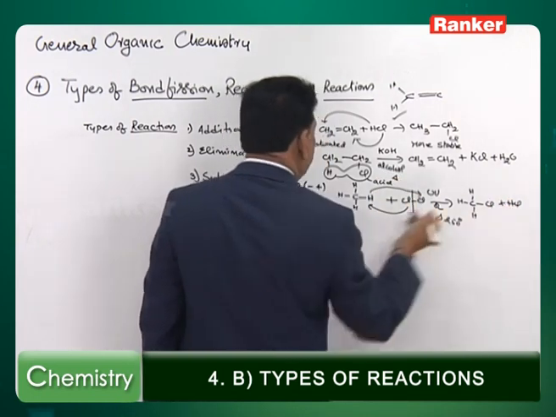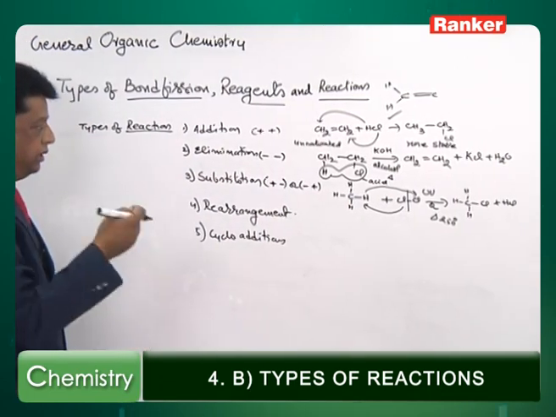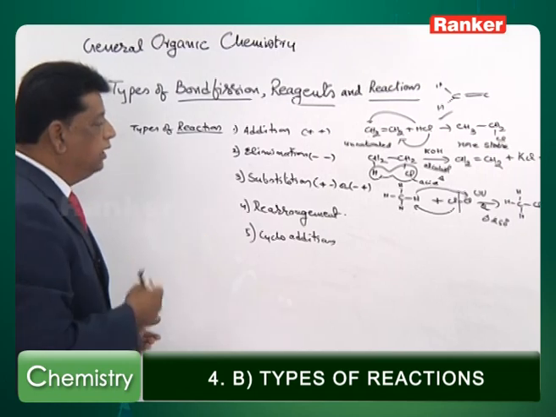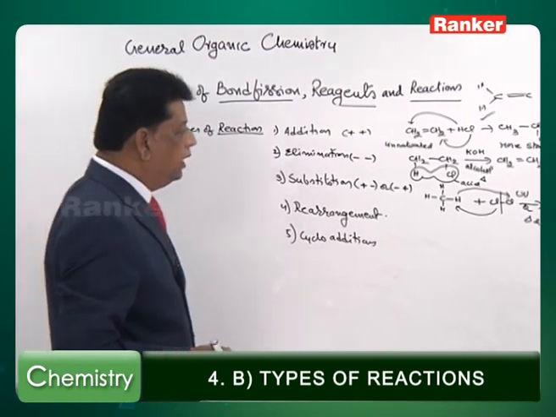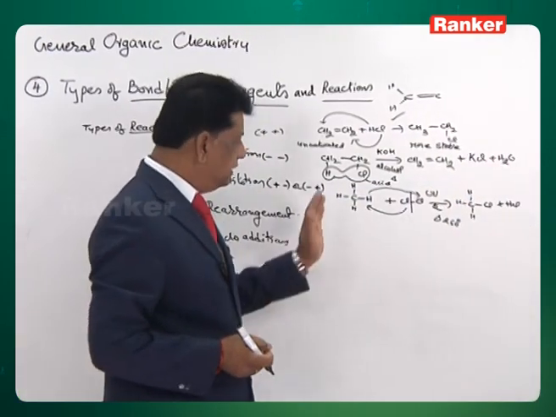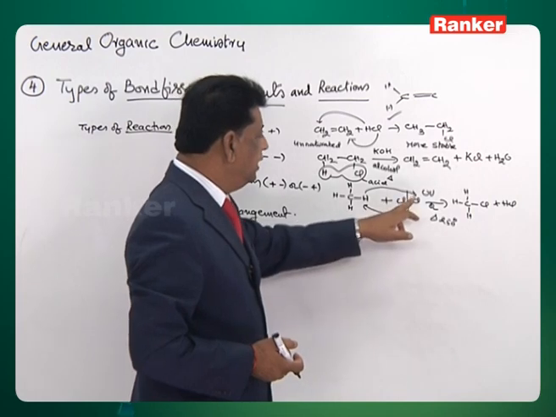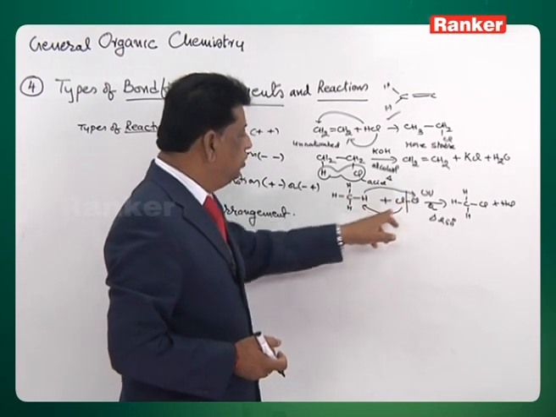So in this type, one group is coming into the molecule, and one is going out also, simultaneously or one after the other. So the reaction gives a new group containing molecule, but still it is saturated. A saturated gives saturated, but one group is going out and in the same place a new group is coming.